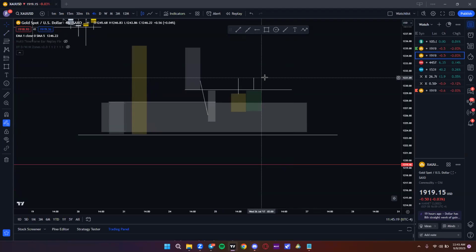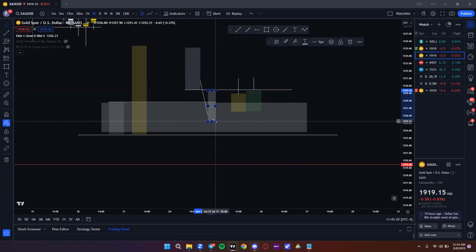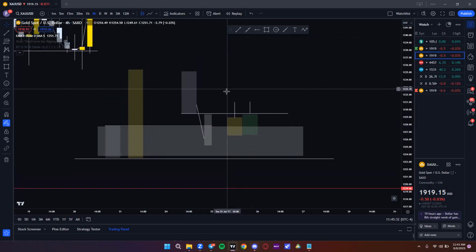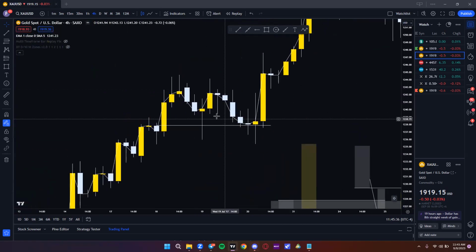The reason why we like to wait for this initial rejection is that it confirms the breakout of this level. When you see that it rejected this level, you can take this trade, no problem.